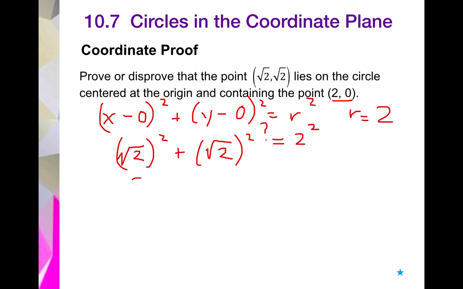Well, this turns out to be 2, and this turns out to be 2. That equals 4. And 4 is definitely equal to 2 squared. Therefore, we have proven that (square root of 2, square root of 2) lies on the circle centered at the origin and containing the point (2, 0). We will discuss more of this in class the next day.